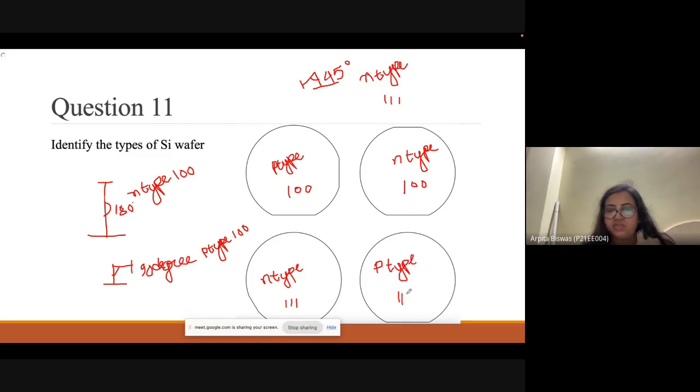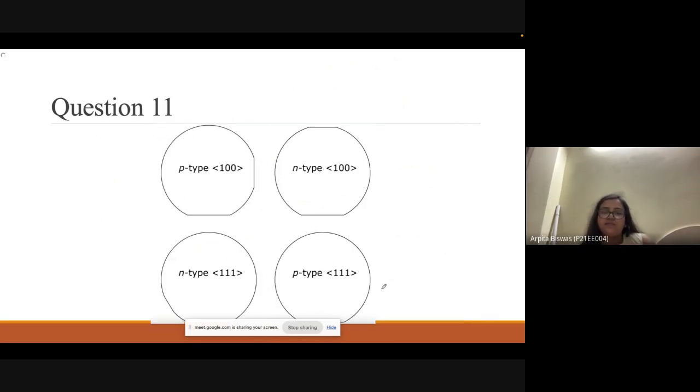So now I think it is clear why it is N type 100, why it is P type 100, why it is N type 111, and why it is P type 111. So here the first one is P type 100, the second one is N type 100, the third one is N type 111, and the fourth one is P type 111.